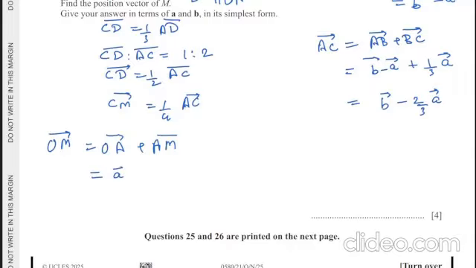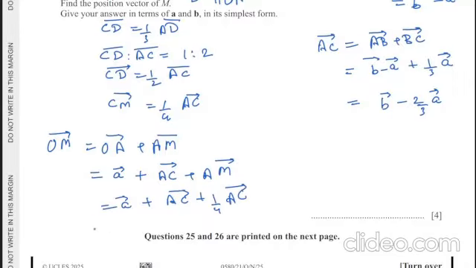OA is vector A, and AM is AC plus CM. AC remains as it is, and CM can be written as 1/4 of AC, and it can be combinedly written as 5/4 of AC, like 1 plus 1/4.